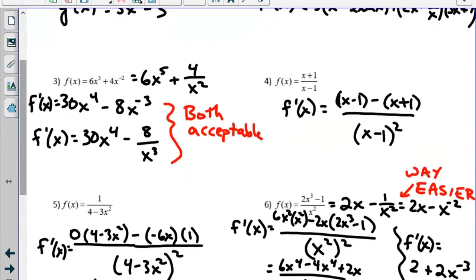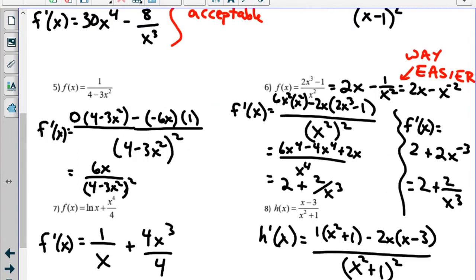Also, they won't care if you write x to the -3 or x to the third in the denominator. Neither one of those is better or worse than the other in terms of acceptability. However, it is possible that one of them may be easier to use than the other in particular instances.